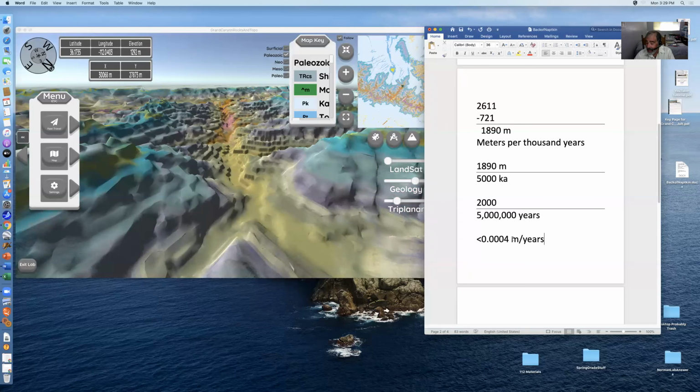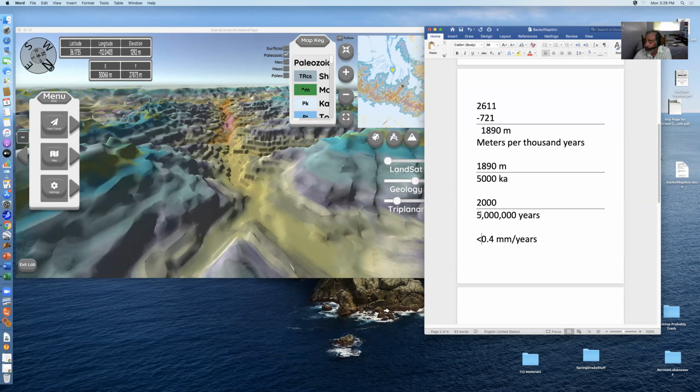In fact, 0.0004 meters is the same as 0.4 meters per, I'm sorry, 0.4 millimeters per year.